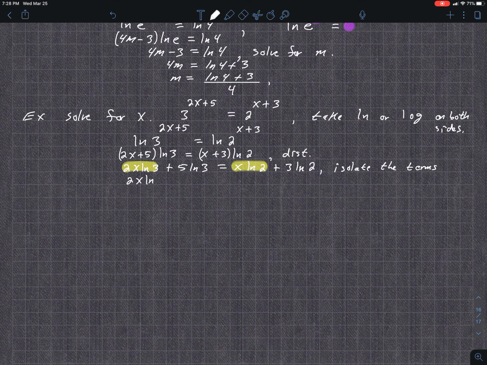So we have 2x ln 3 minus x ln 2 equal to 3 ln 2 minus 5 ln 3. So I subtracted x ln 2 on both sides and 5 ln 3 on both sides. That should be a 3, shouldn't it? Right there. Okay, so you want to go back and forth and double check your work as you go.